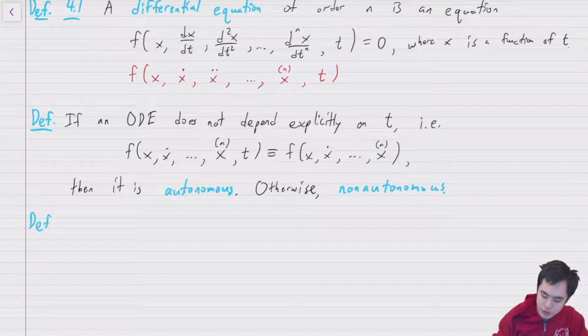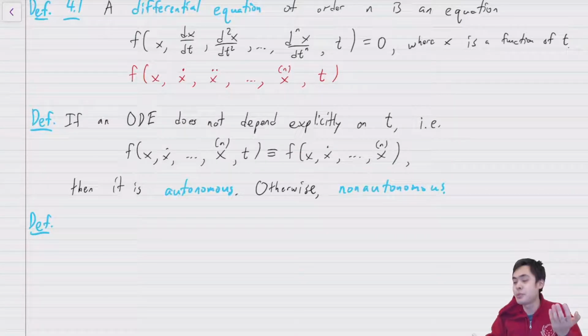And of course, we can also define linear in the same way. And instead of being linear with respect to x of t plus 1, x of t plus 2, etc., we're going to have it be linear in terms of all the derivatives.